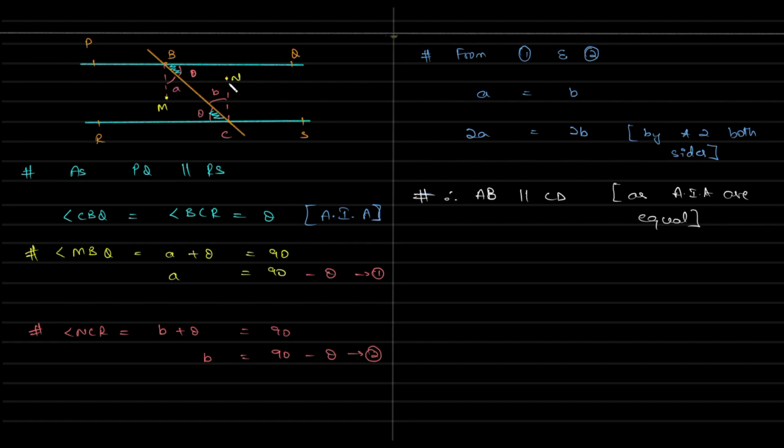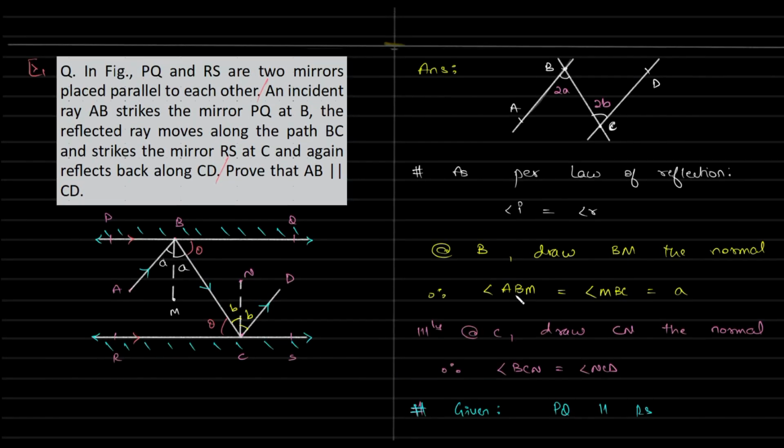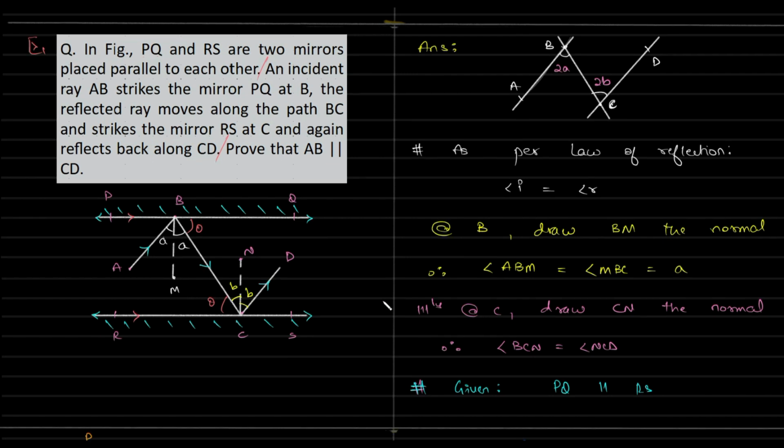Next is perpendicular lines, so consider that, and you'll get an expression for A and B in terms of theta as 90 minus theta. Since they are equal, 2A will be equal to 2B, and since the alternate interior angles are equal, those two lines will be parallel, right? A lot of writing, I agree, but if you think about it, logically it's not that much. So pause and please copy it off.